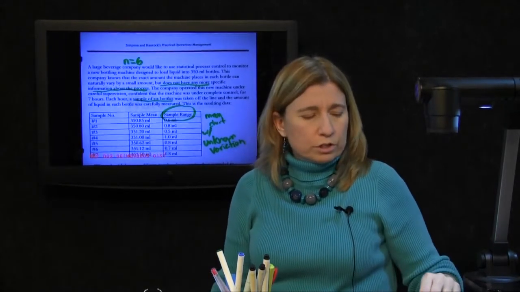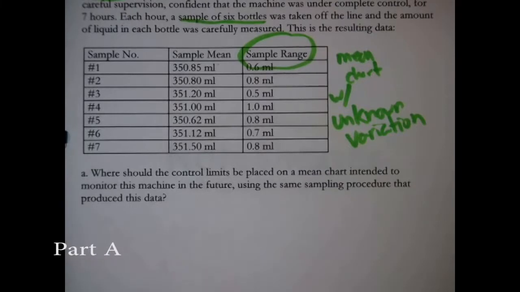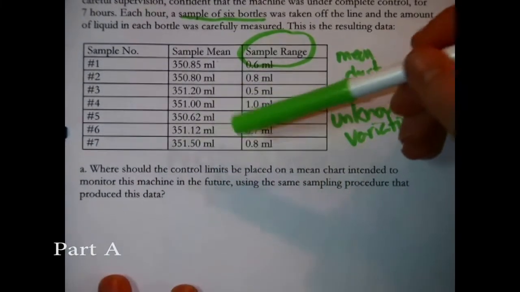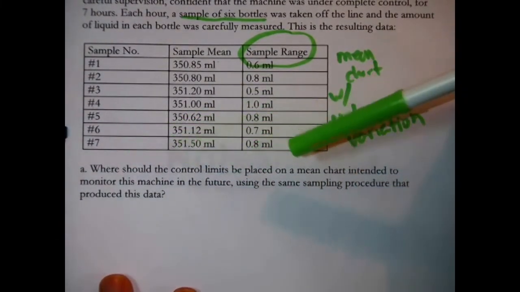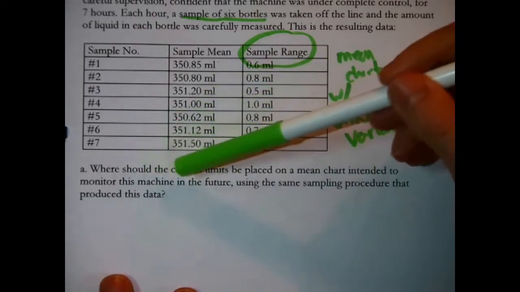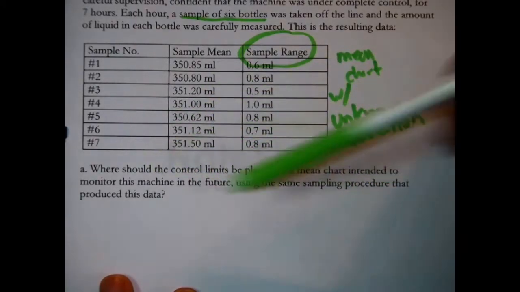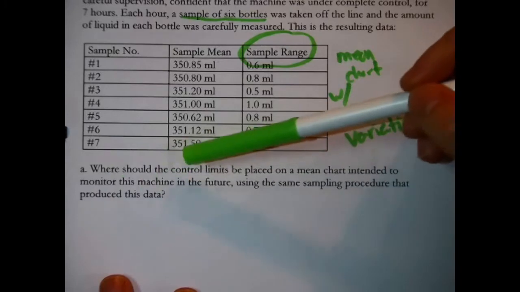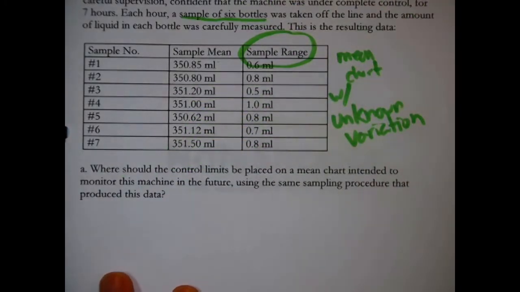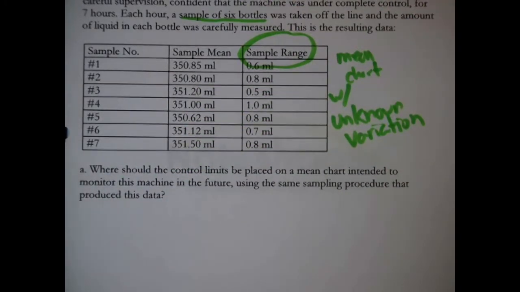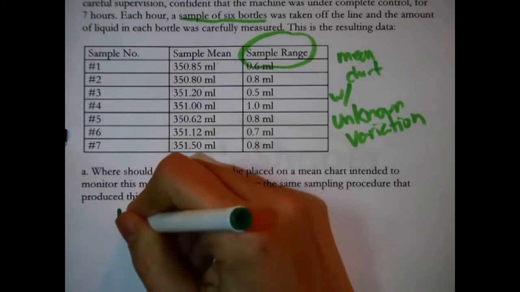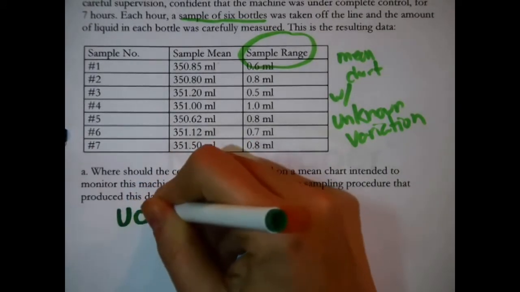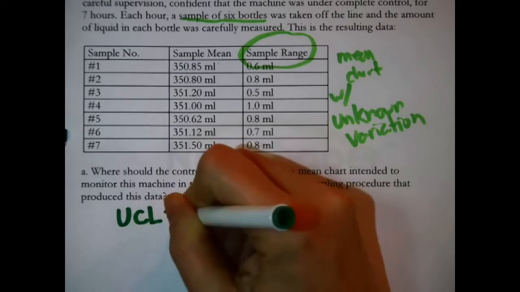Because look at the first question. What should the control limits be placed on the mean chart intended to monitor the machine in the future using the same sampling procedure that produced this data? That is the formula for a mean chart with unknown variation.